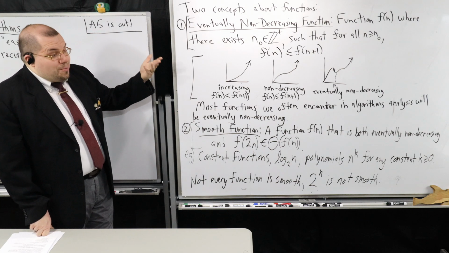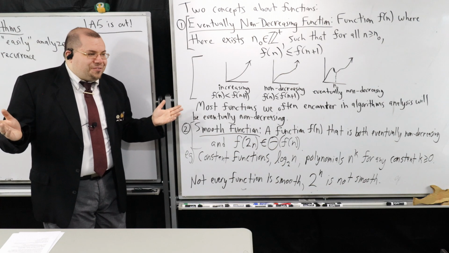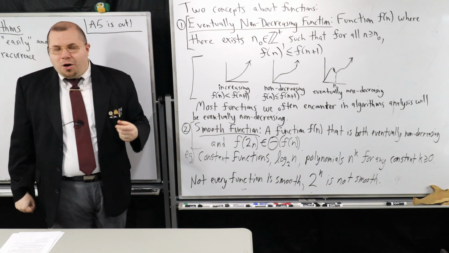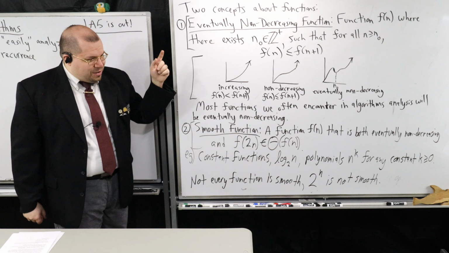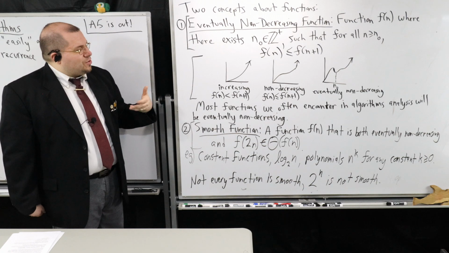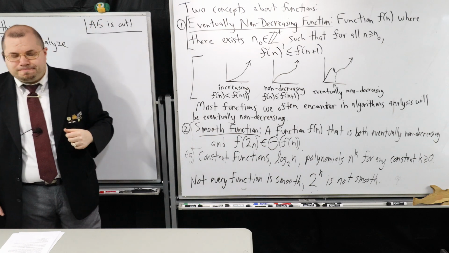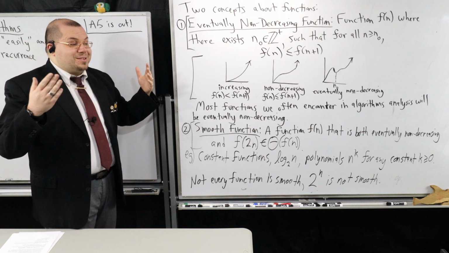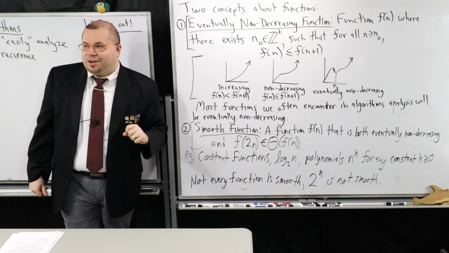But all the friendly functions that you're familiar with, like constant functions, logarithmic functions, and polynomials, are all eventually non-decreasing. So that's the first thing I want you to be aware of, this idea of an eventually non-decreasing function.